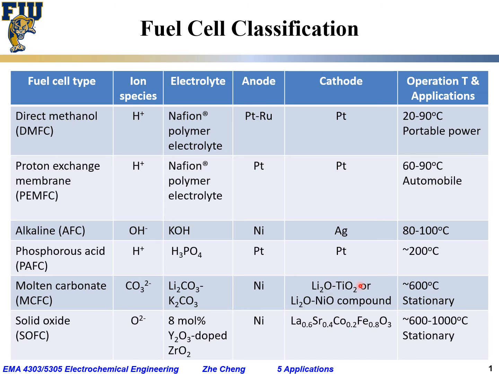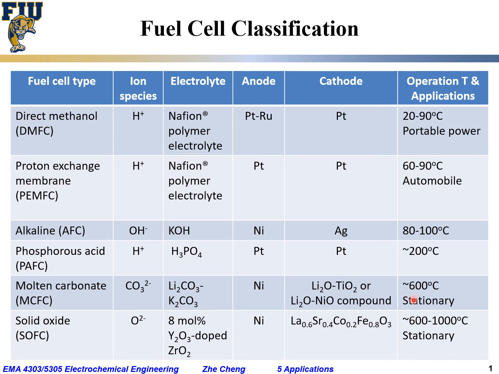These are the cathodes that have been studied. It doesn't mean those are widely used, but they have been studied and seem to show some viability, some feasibility. It doesn't mean they are perfect.